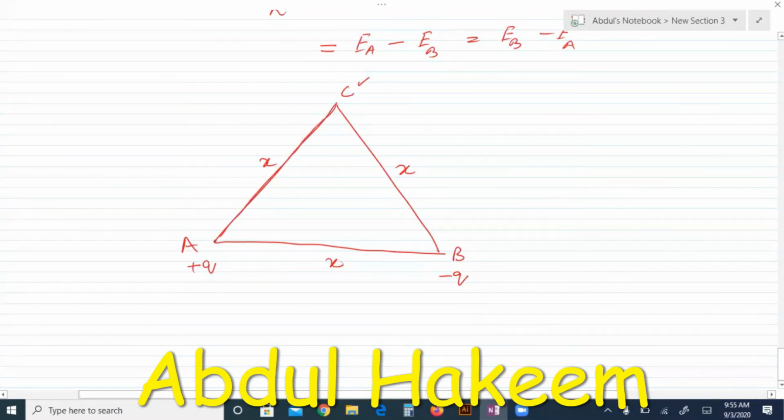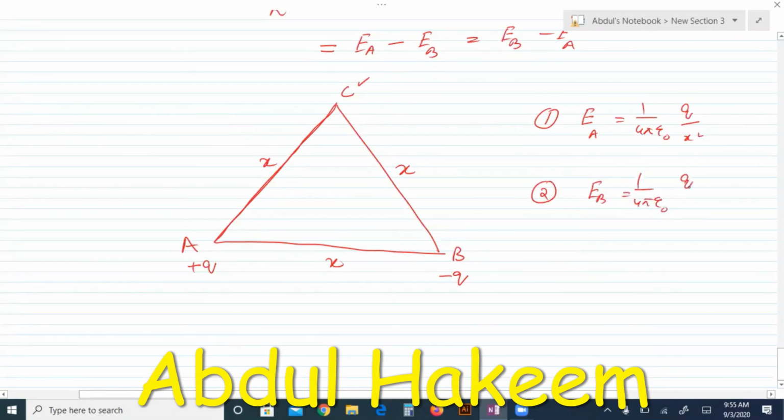So this is the distance. So number one, electric field strength at C due to A will be 1 over 4 pi epsilon naught Q divided by x square. And number two, electric field strength at C due to B is 1 over 4 pi epsilon naught Q divided by again x square.